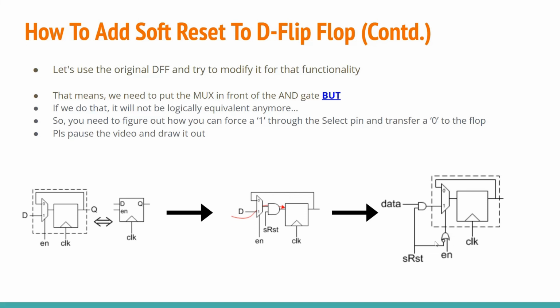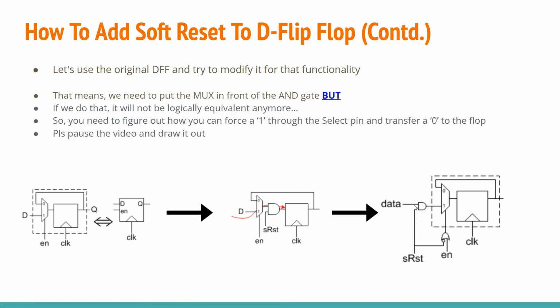Thereby, whenever the soft reset is active, you force a 1 into the enable pin, and you force the data to a 0. Now how do you do that? You just simply add an AND gate over here at the D input, right?